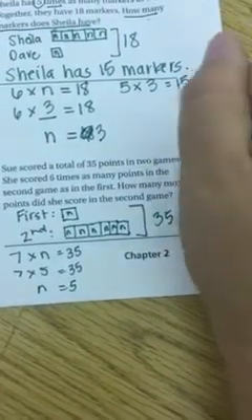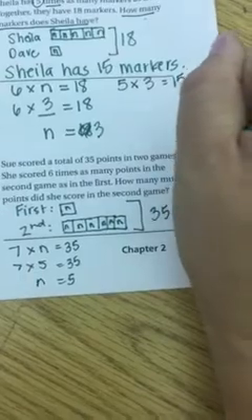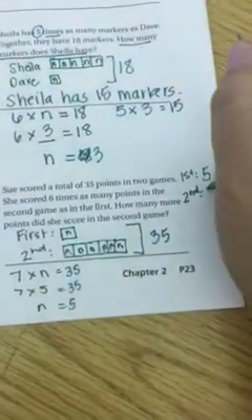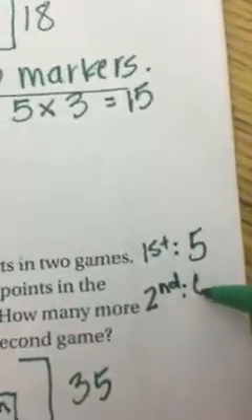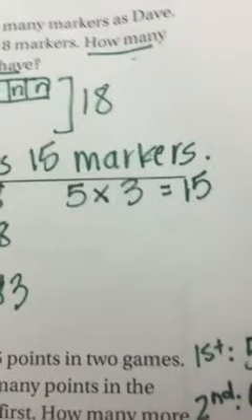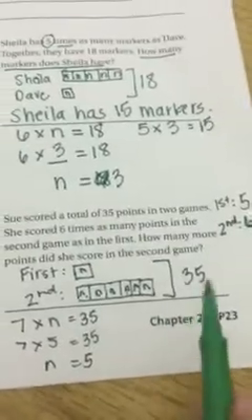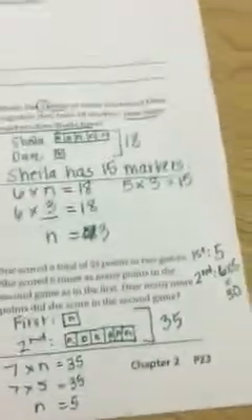they scored 5, and in the second game they scored 1, 2, 3, 4, 5, 6 times 5, which equals 30. So again, how many more points did she score in the second game?